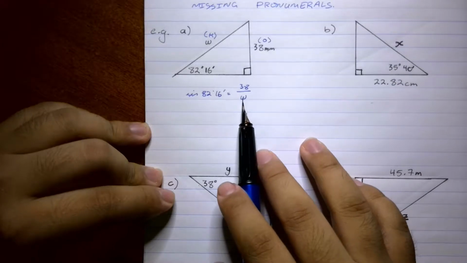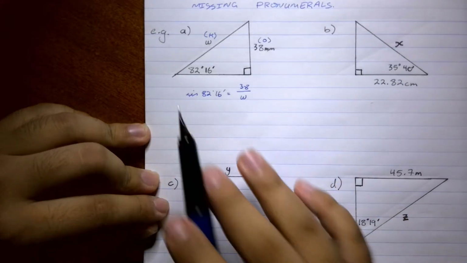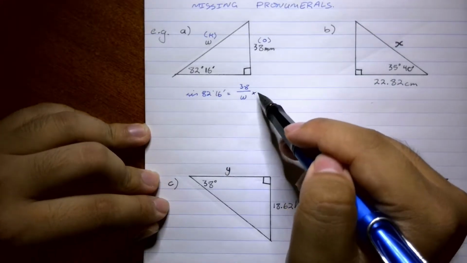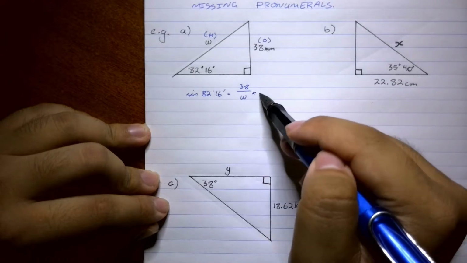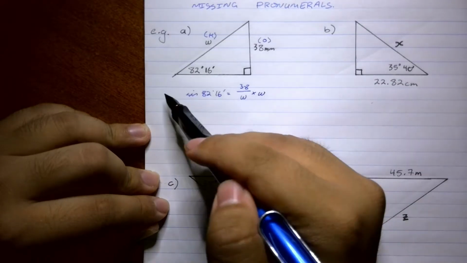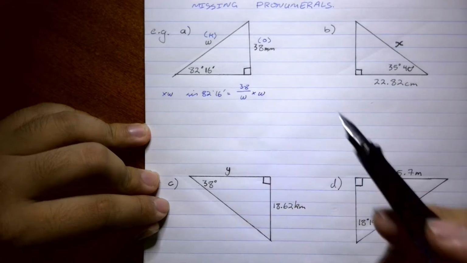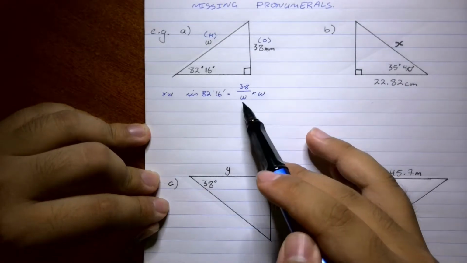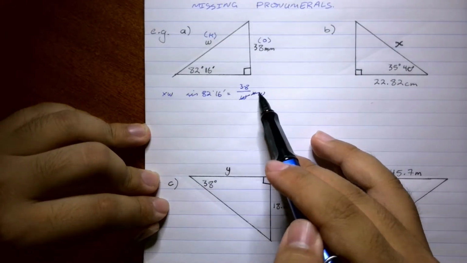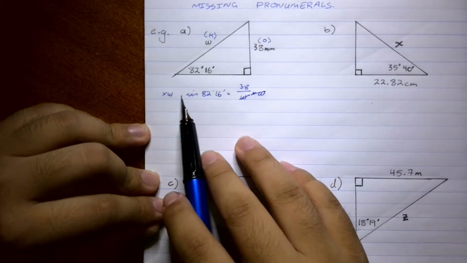In order to move this to the numerator, we're going to multiply both sides by this letter, W. So multiplying both sides by W, this will cancel the W and move it to this side.